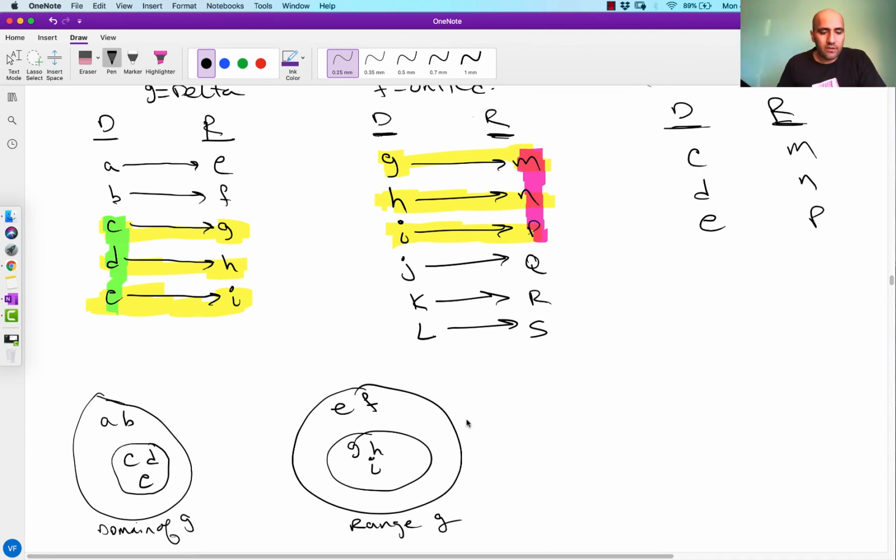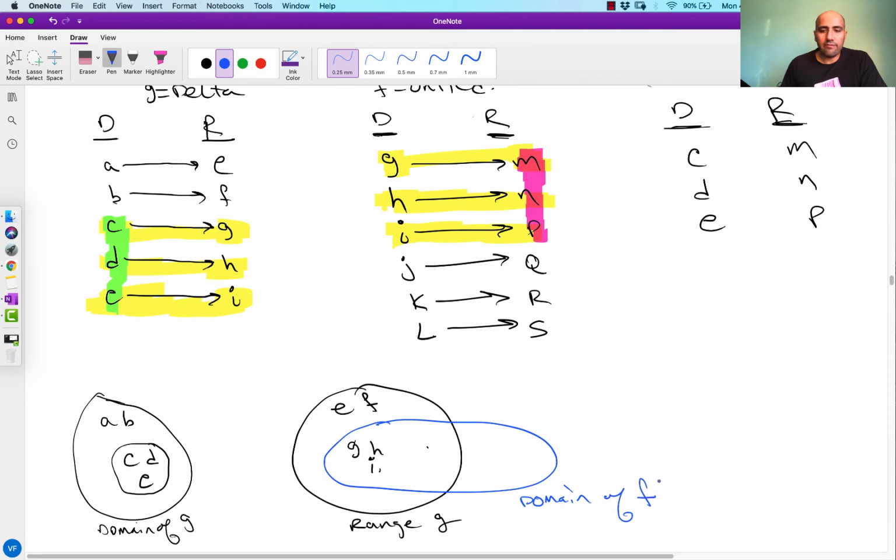In fact, let me do this, where this is the domain of F, and the domain of F has the G, the H, and the I, but it also has a J, a K, and an L, right?